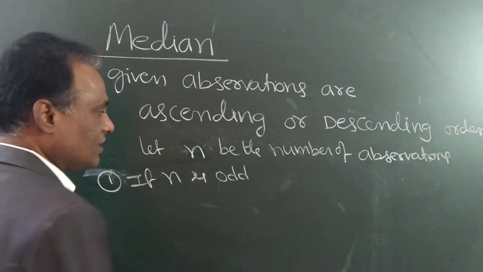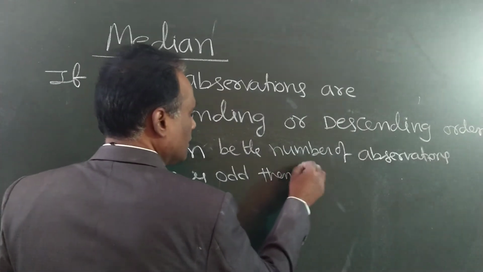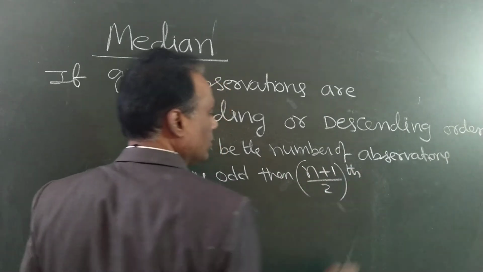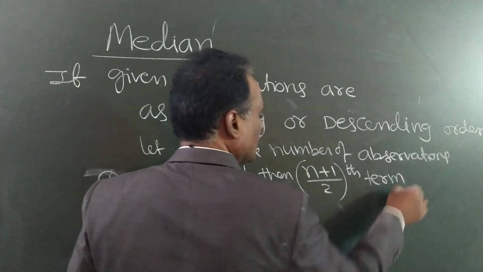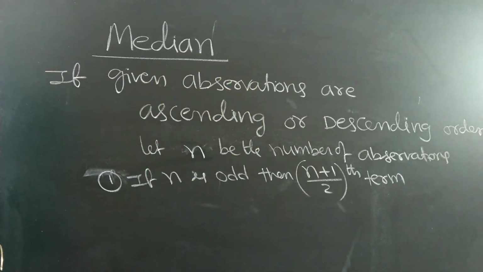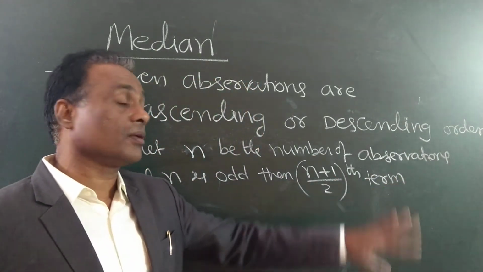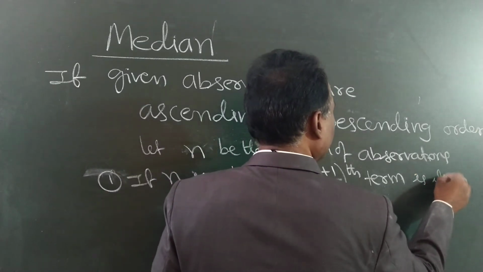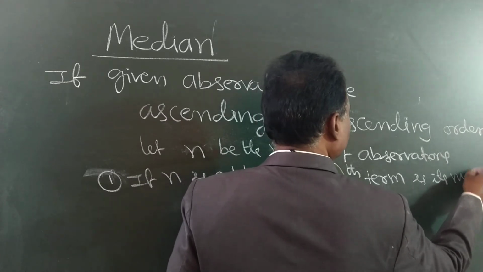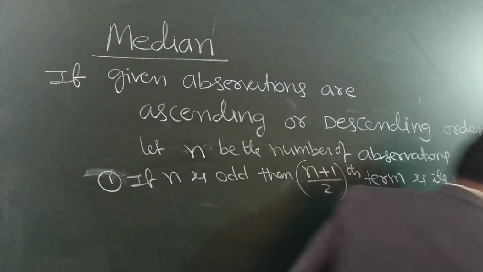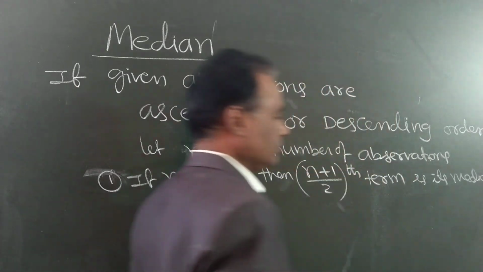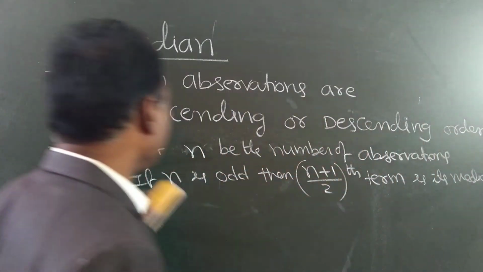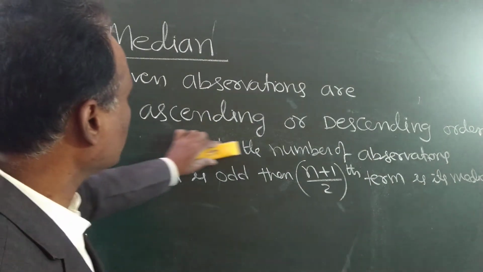If n is odd, then the n plus 1 by 2 term is its median.